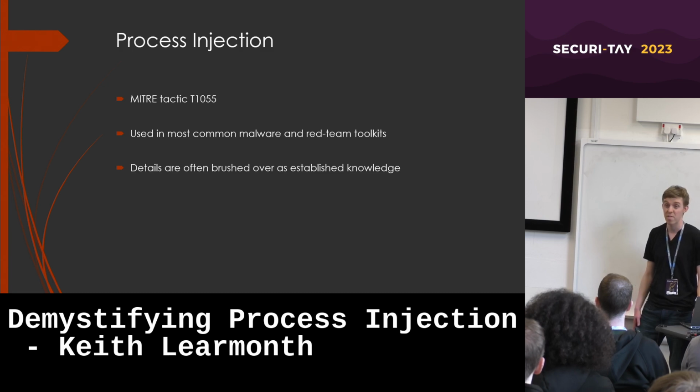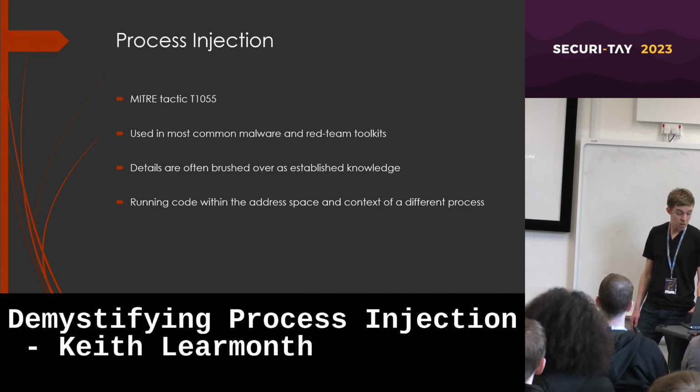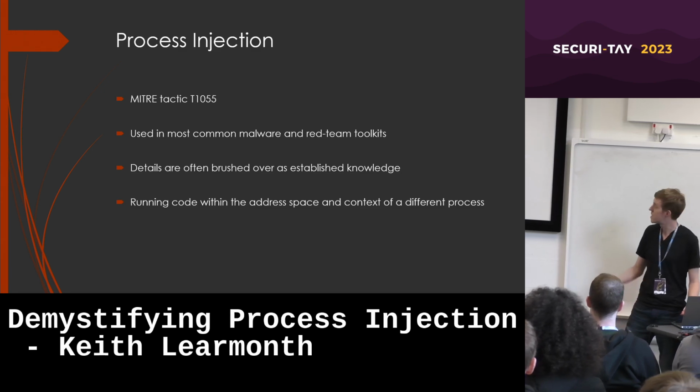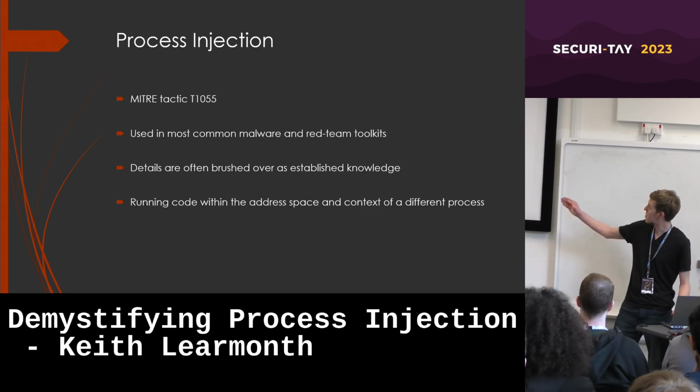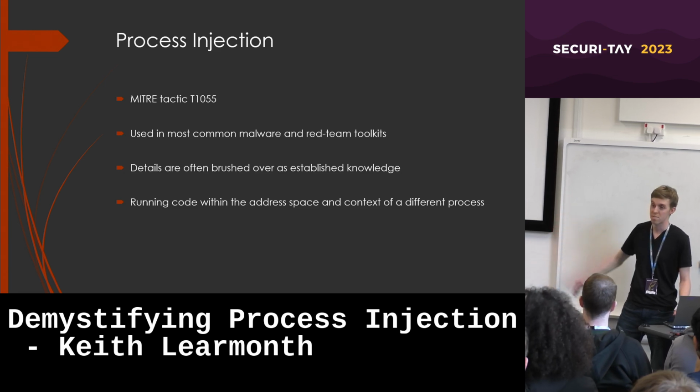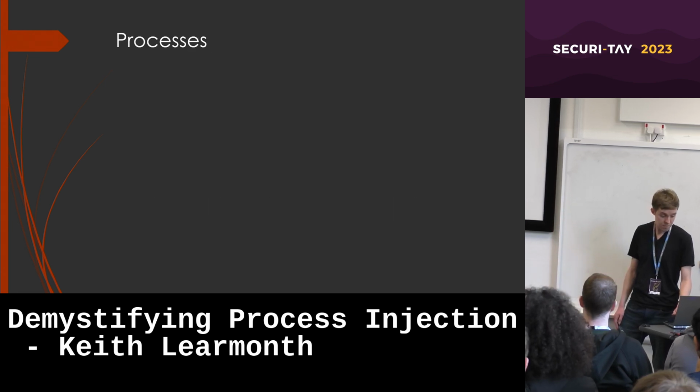And that's fair enough, because if they got bogged down in details on every step, the reports would be never ending. So basically the idea of process injection is being able to run code in the address space and context of a different process, usually a legitimate one.